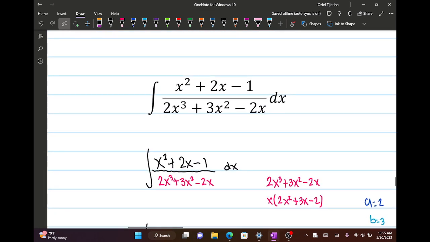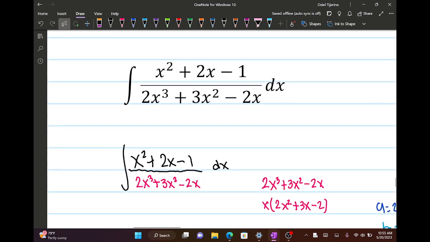So this is the problem that we were given, that I worked on, and it is the integral of x squared plus 2x minus 1 over 2x cubed plus 3x squared minus 2x dx. Now, upon looking at this, of course, this is very overwhelming. I mean, there's a lot going on.